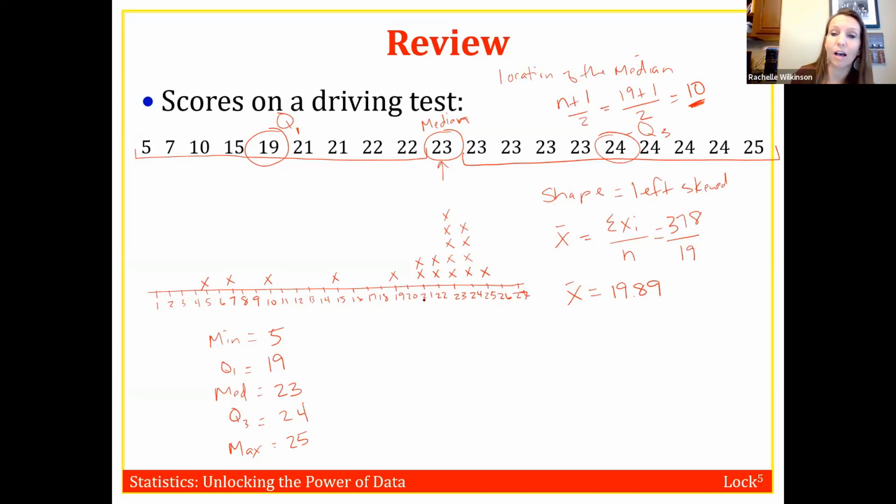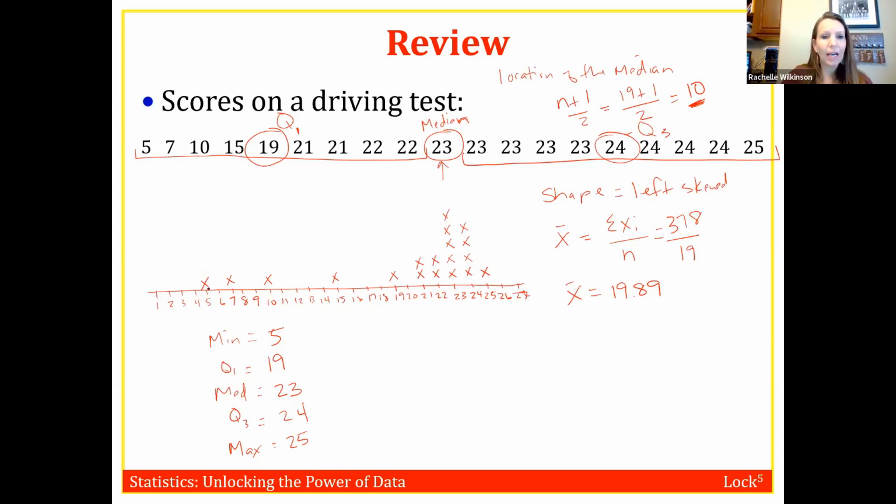And this one is not bell-shaped symmetric, so we're not going to be able to estimate standard deviation using that rule. So if we really wanted to know the value of the standard deviation, we would need to input these values into StatKey or Excel or something and have it compute it for us.